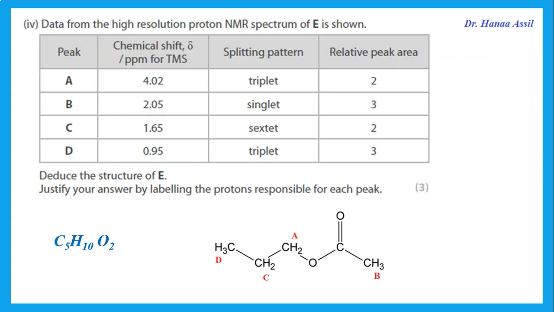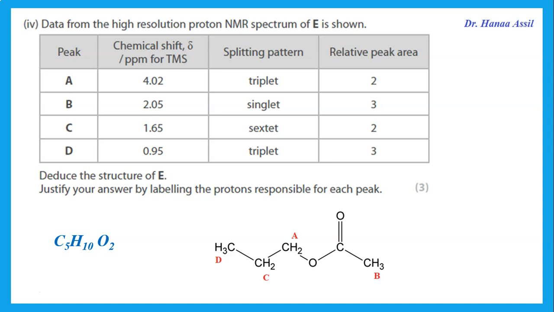A is a triplet with 2 hydrogens. So that's the CH2 next to the O of the ester. B is a singlet with 3 hydrogens, so that's the methyl group on the right.